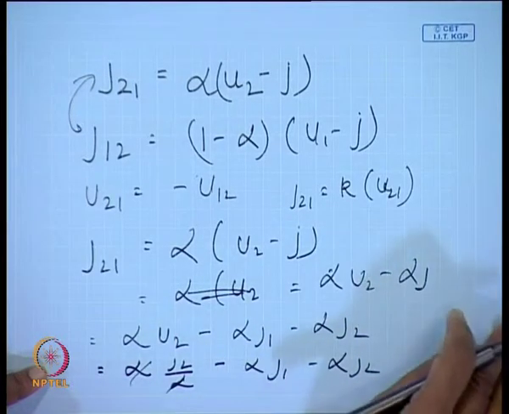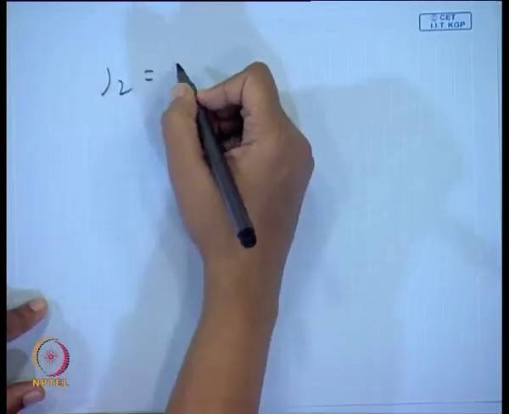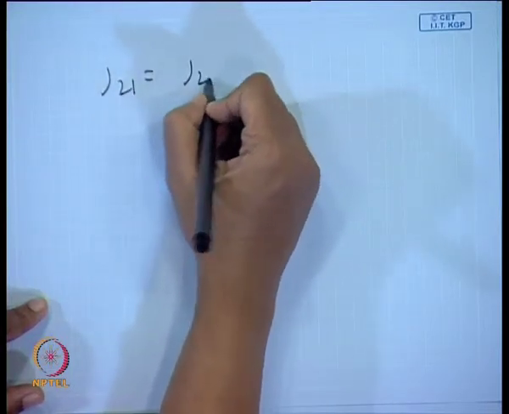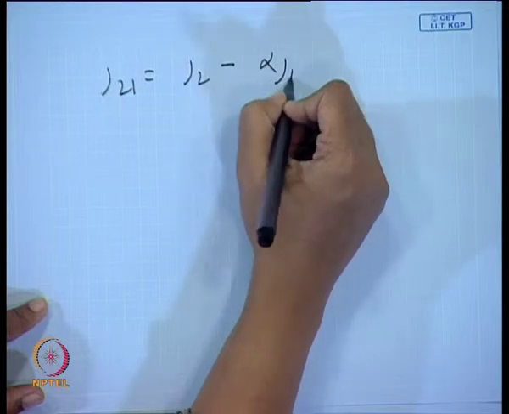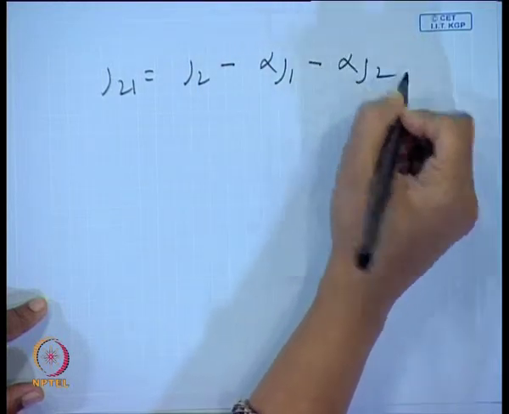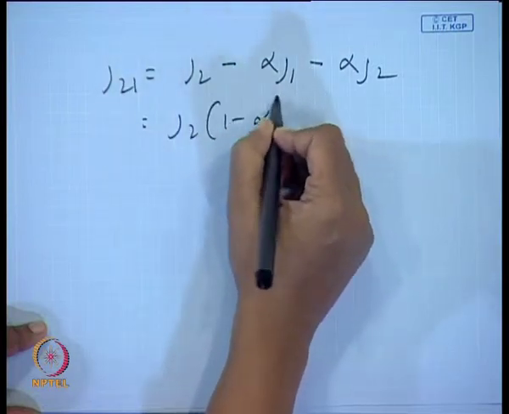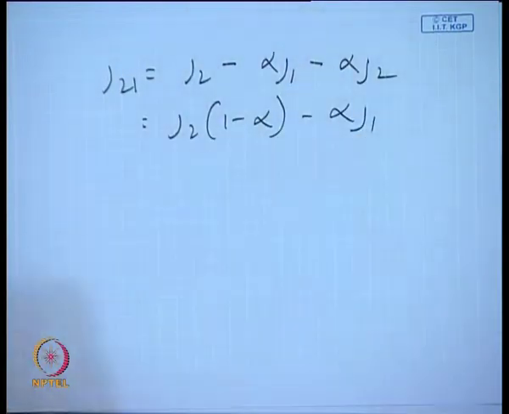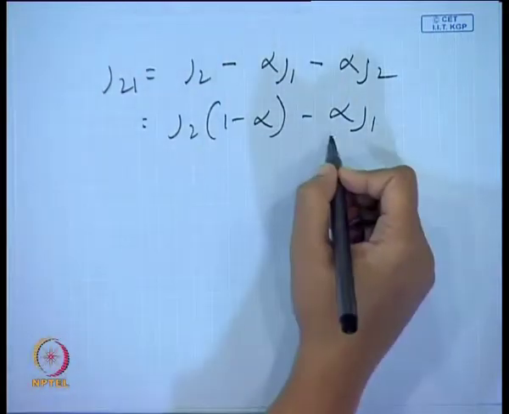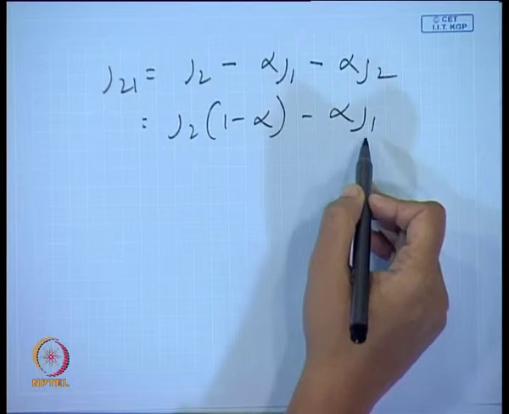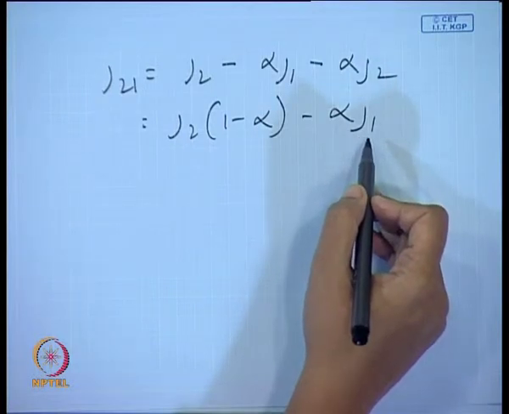So, therefore, I will just repeat the expression once more here: j21 equals j2 minus alpha j1 minus alpha j2, or in other words this is j2 into 1 minus alpha, minus alpha j1. Agreed? This is the relationship between the drift flux and the component volumetric fluxes.